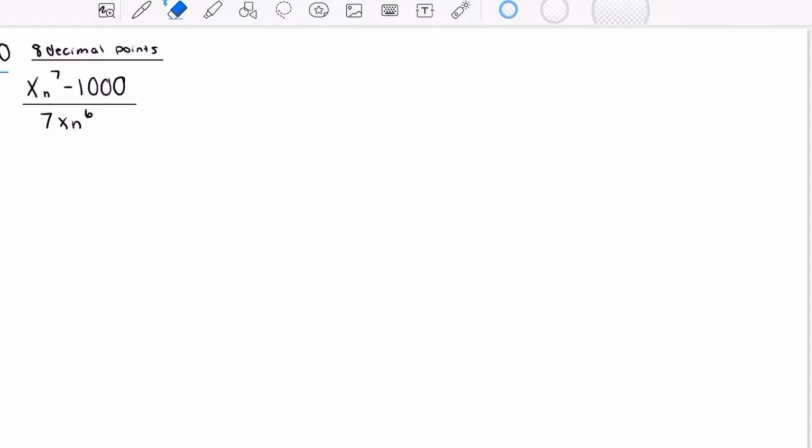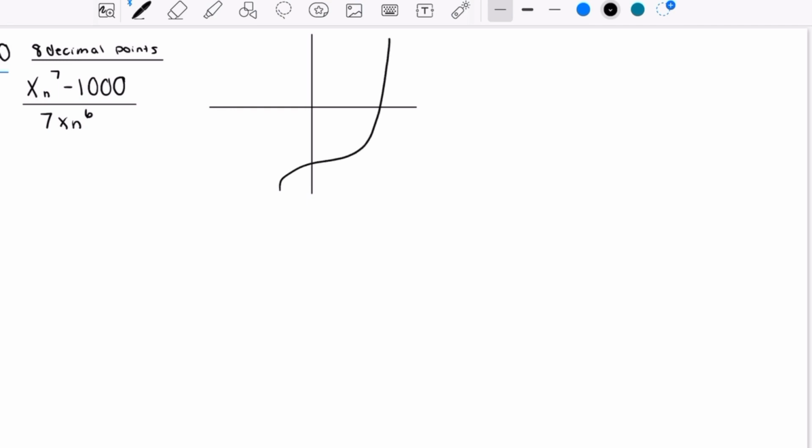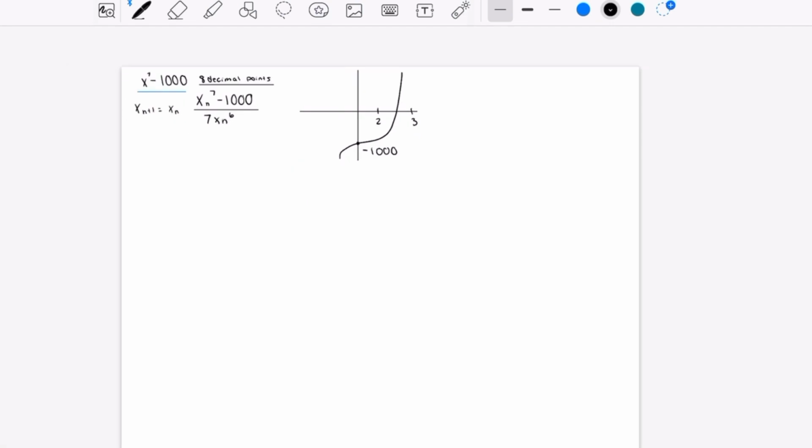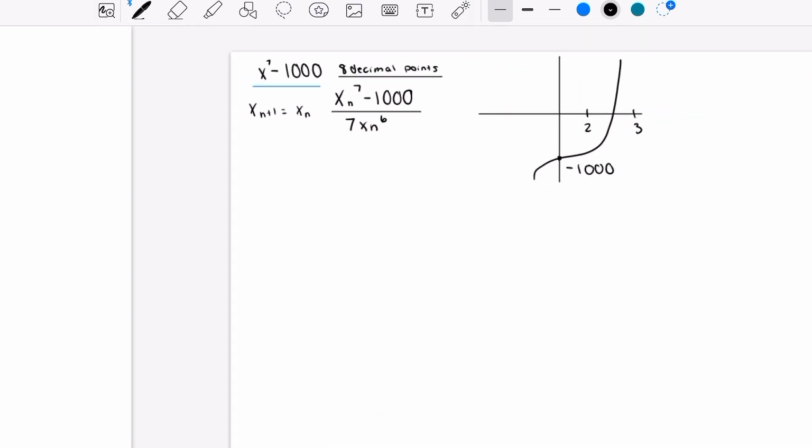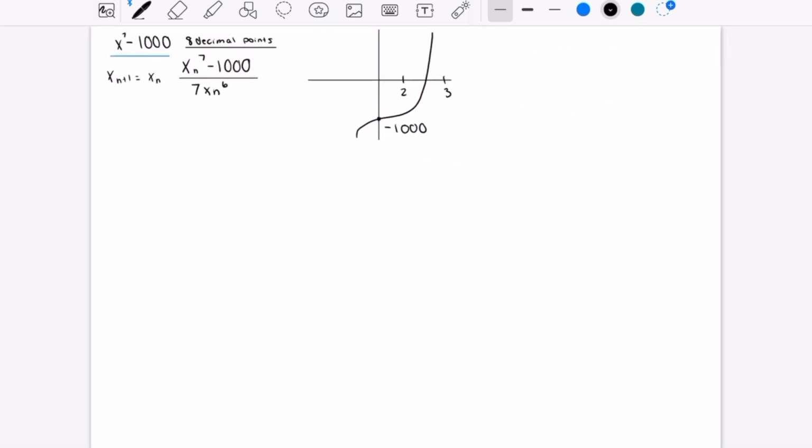Now, if we wanted to draw a graph for our function, it would look something similar to this. So we know our x-intercept is going to be somewhere between 2 and 3. So let's continue on with our steps.